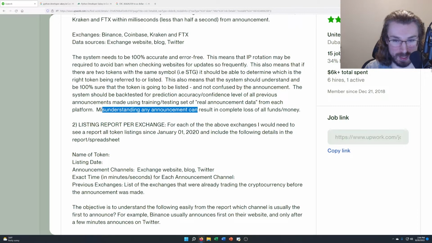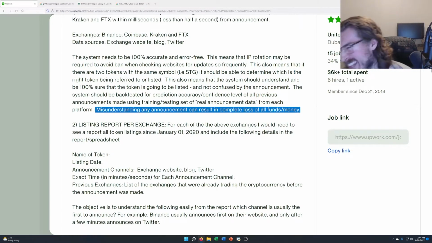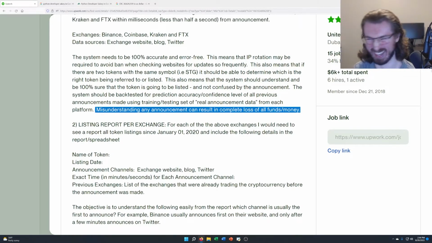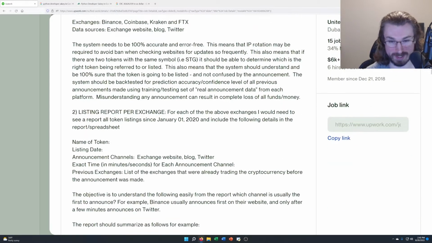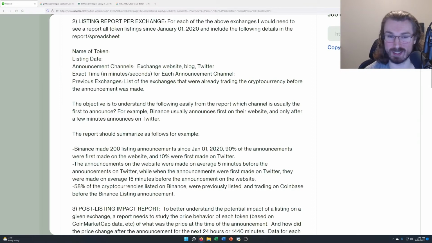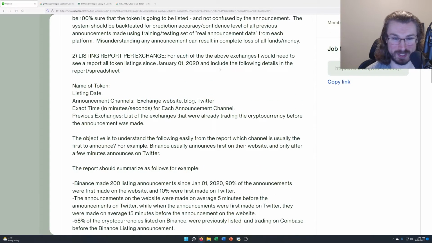Misunderstanding any announcement can result in complete loss of all funds/money. So if you make it past part 1 of this, level 1 I'm going to call it, well, let's see what else you have to do. Just so I can highlight how ridiculous this is, if I haven't done so already.